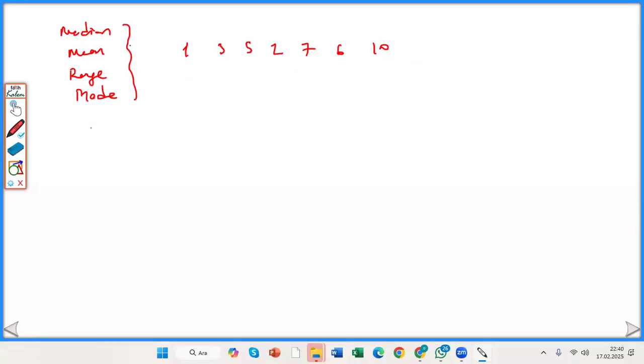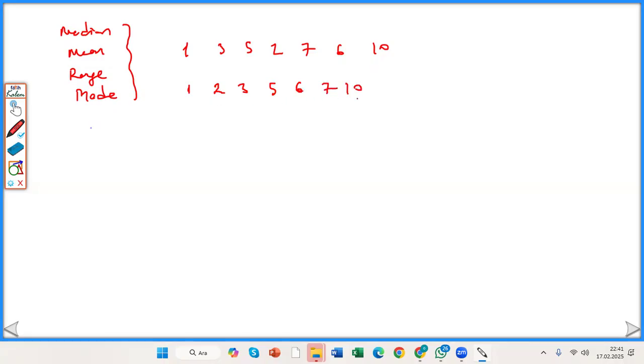And to find the median, mean, range, or mode of the data, you'd better start with the least one to the greatest one. For instance, let me show you: 1, 2, 3, 5, 6, 7, and 10.